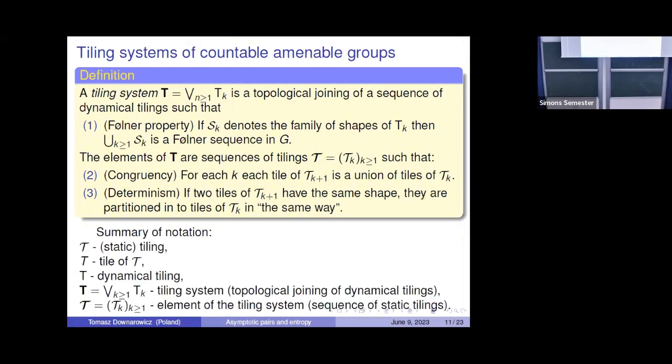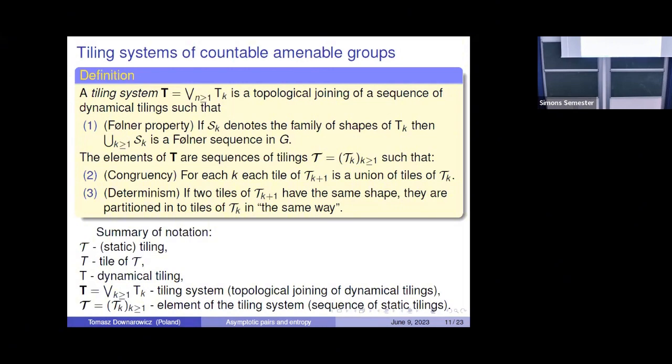Okay, so I made this summary of notation because there are so many T's that it may be confusing after a while. So tau is a static tiling, that means not moving. T is a tile. This straight T is a dynamical tiling, which is a family of static tilings invariant under the shift. And this boldface straight T is a joining of such things, which we call a tiling system.